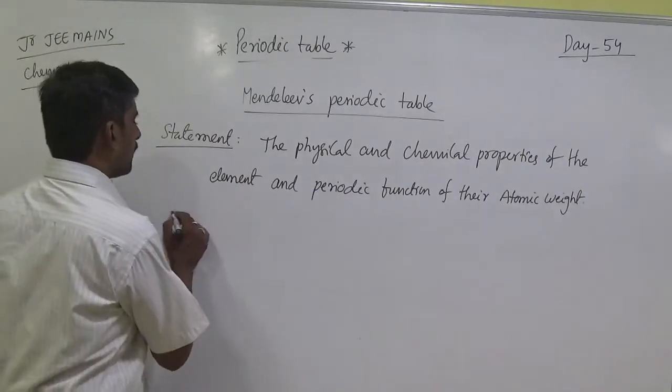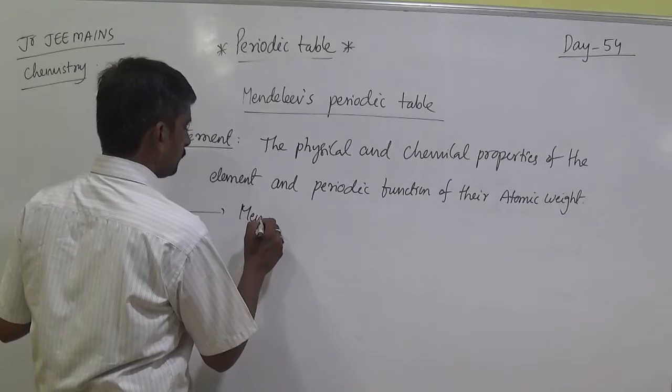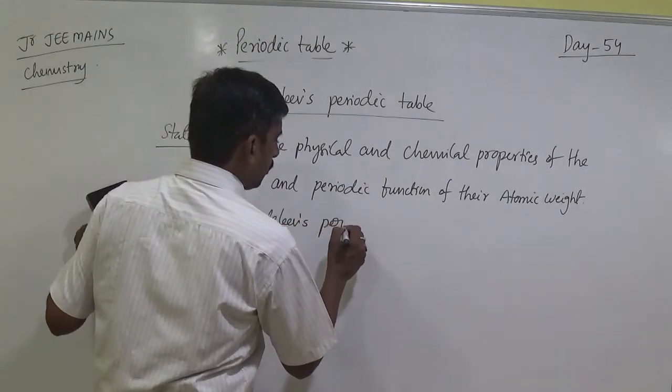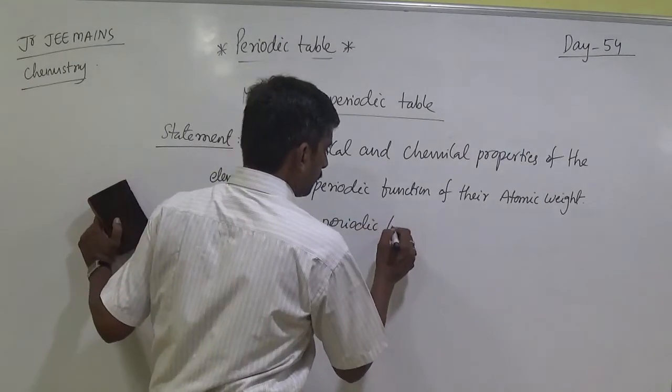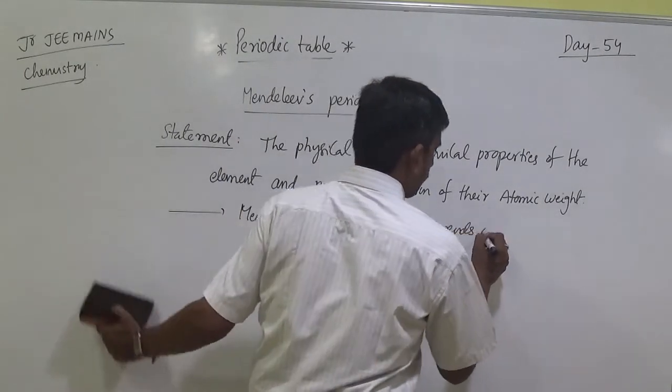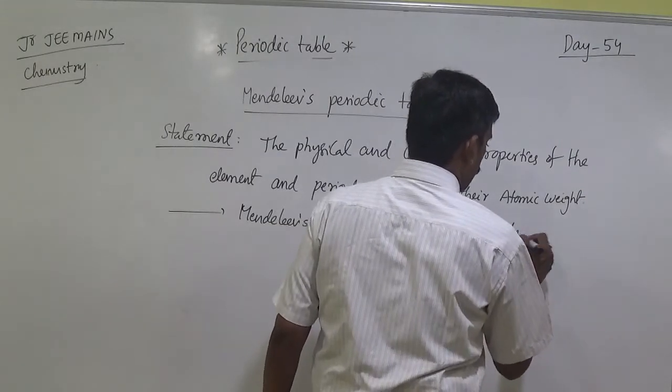Simply, the Mendeleev periodic table depends on the atomic weight.